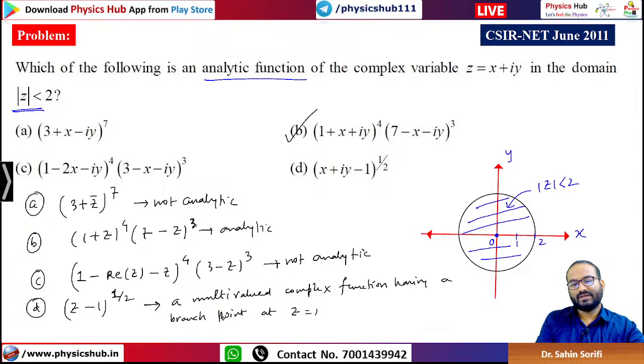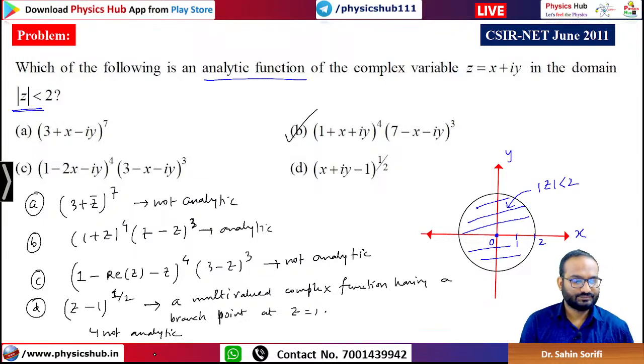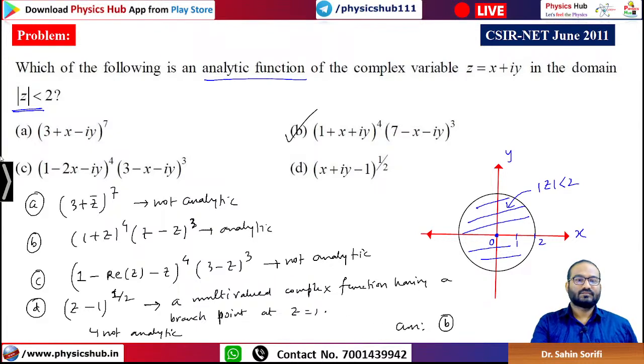This branch point is a kind of singularity, and because of the singularity at z equals 1, this function is not analytic. Okay, understood? Correct option is option B.